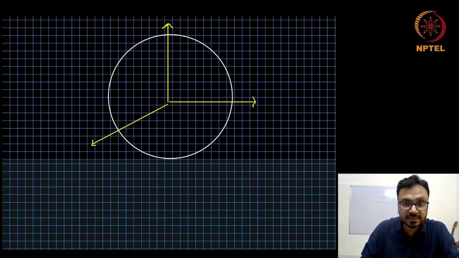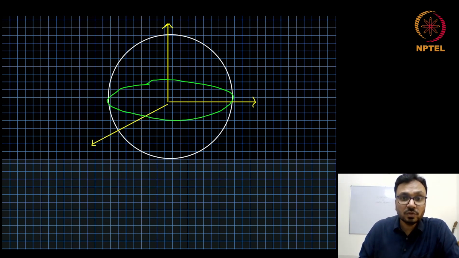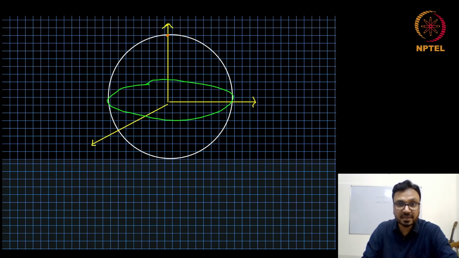Let us draw an equator in a different color. So this point here is along the z-axis.